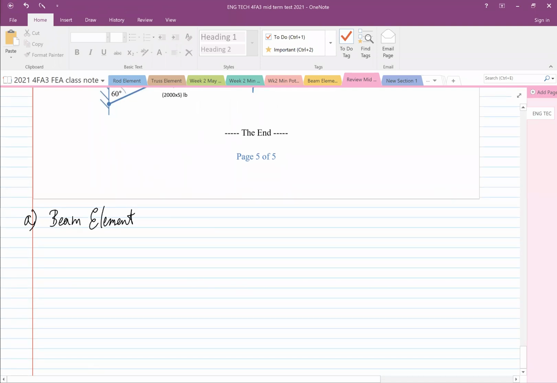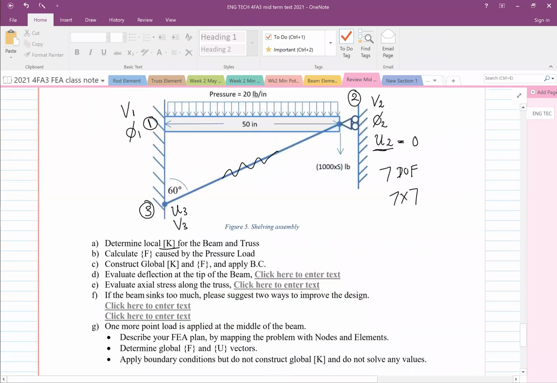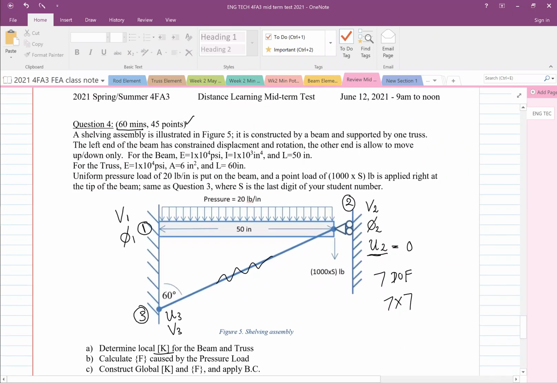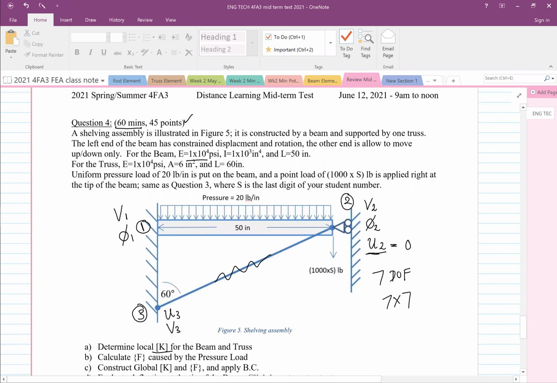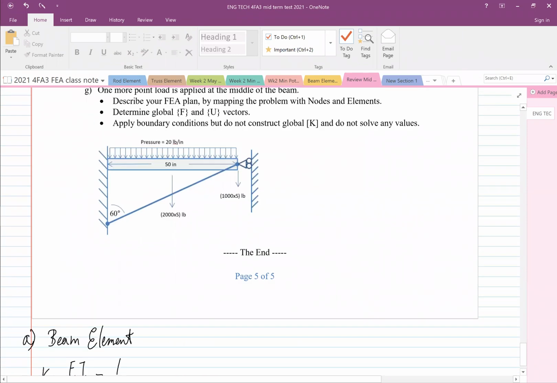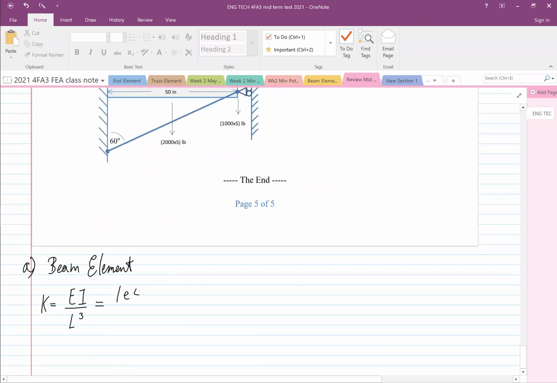Okay, first things first. For the beam element, it's not EA over L. It's EI over L cubed. So what is it? 1E4, 1E3, and then 50.